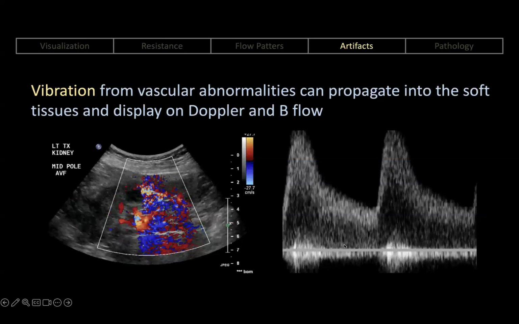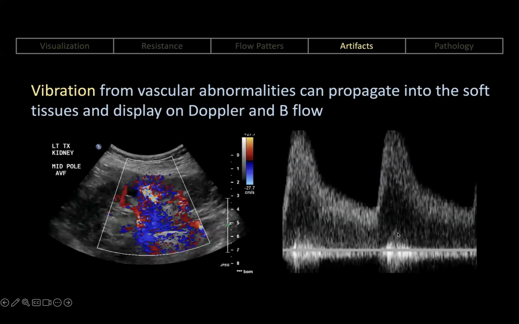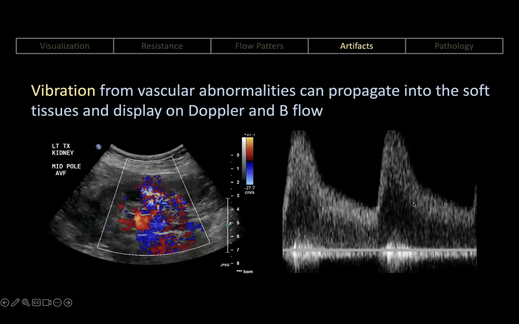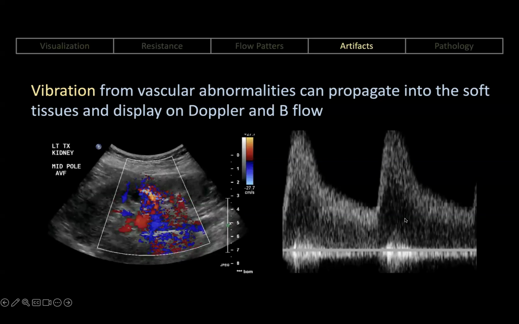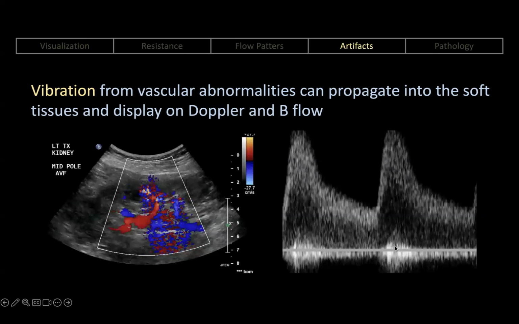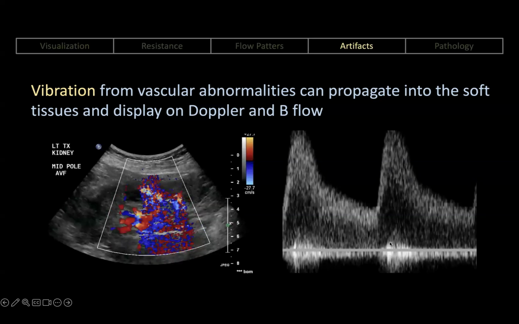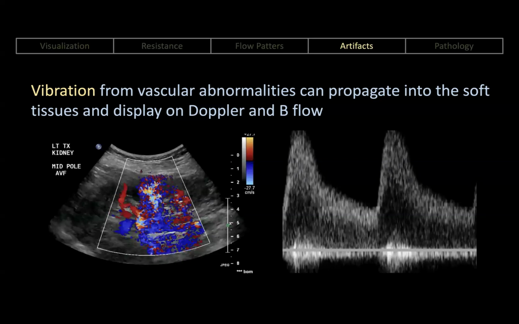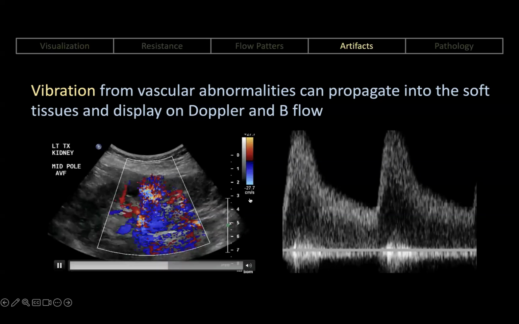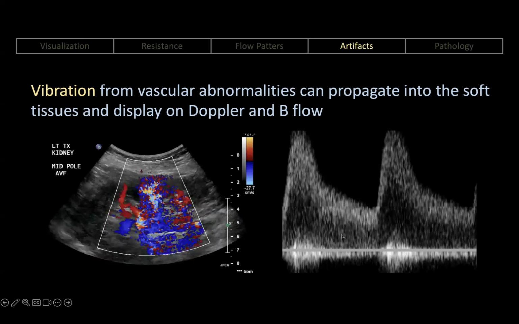This can also be picked up on a spectral Doppler window, especially when you have a laminar or plug waveform, where you have this nice clear window underneath. Here you can see with every systolic peak, there's a kind of low amplitude signal right under the systolic peak that indicates that there's soft tissue vibration going on. So here's another example of an artifact that you can see both on the color Doppler as well as the spectral Doppler waveform.